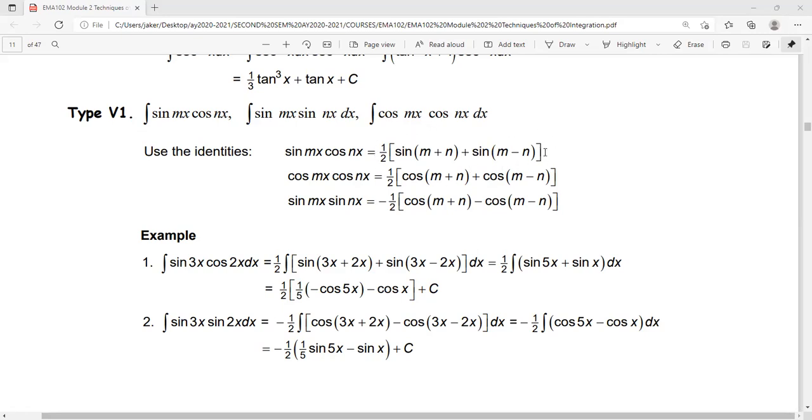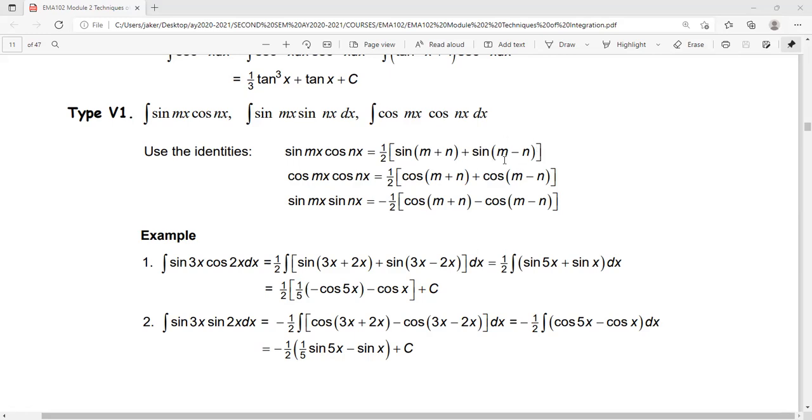So what do we do with the m and the n? We simply either add them, as you can see here, or subtract them. Okay? Now, if it's a sine and cosine combination, the one that you have here, you have 1/2 the sine of, you add the two angles of the sine and cosine for the first sine function. For the second sine function, which you will add to the first, you subtract.